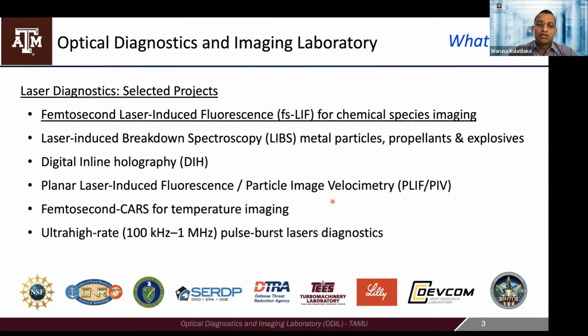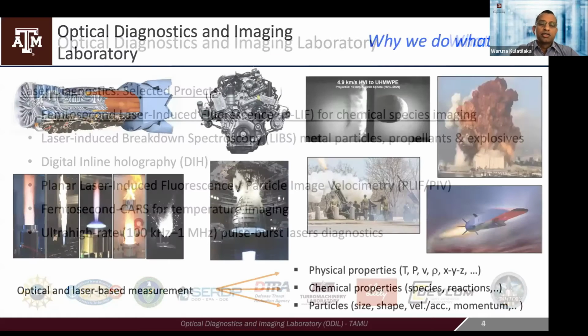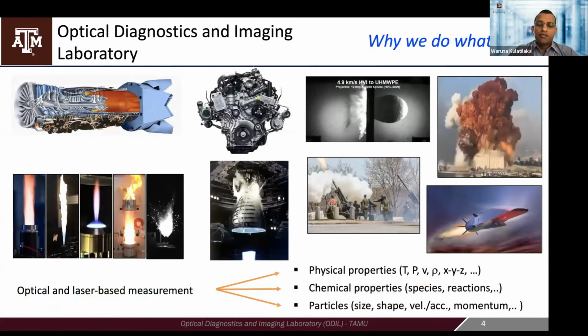We also work on a number of other diagnostic techniques for a variety of engineering research applications, ranging from, as we are all familiar with, engines, gas turbines, IC engines, rockets, propellants, energetics, and hypersonic flows. But as combustion researchers, we do most of those things in controlled laboratory environments, with laboratory flames for combustion research.